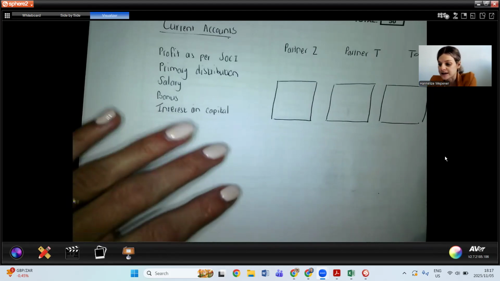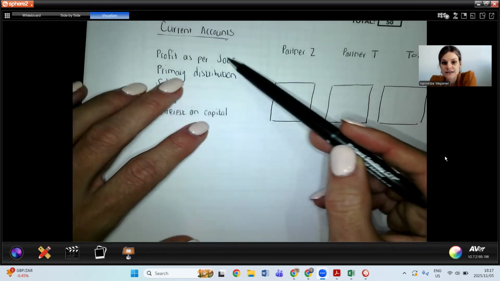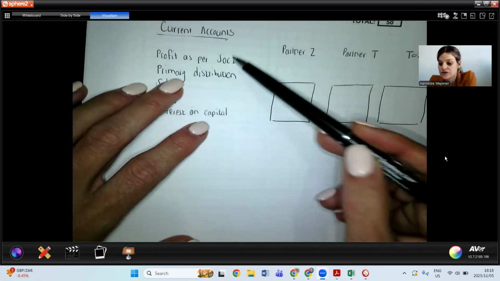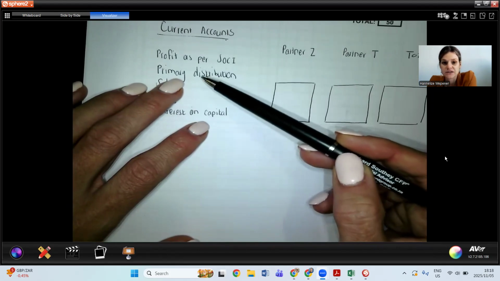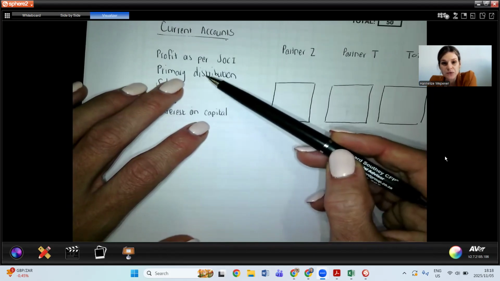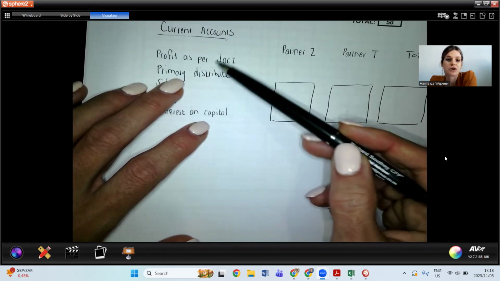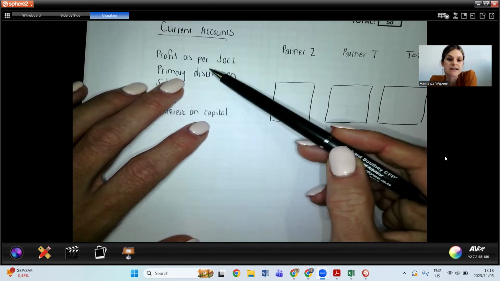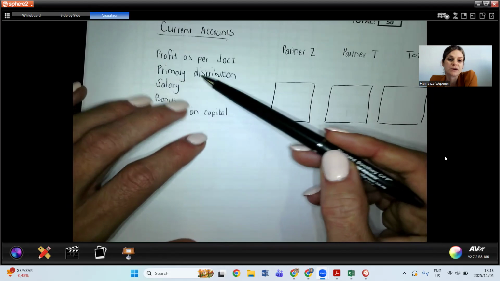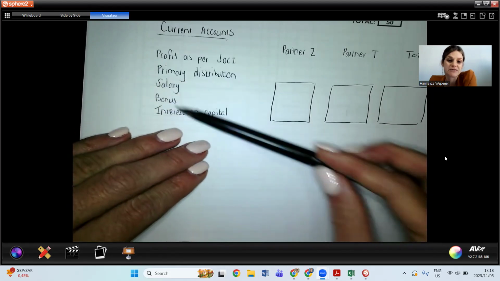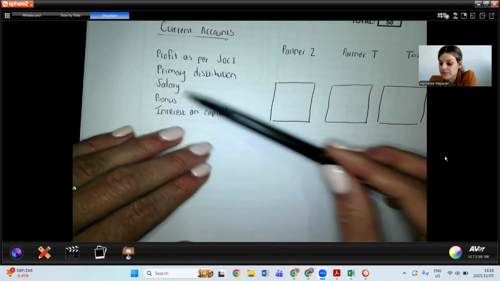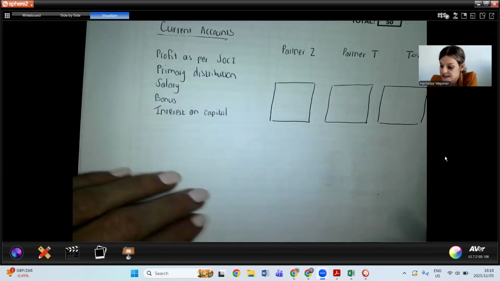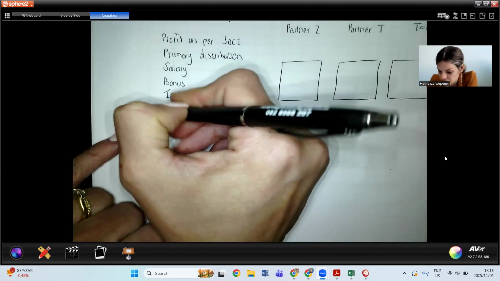Then we're going to say, okay, we've now used some of the profits to distribute as a primary distribution. But then we are going to have some profits, hopefully, or losses left after we've given them what they must definitely get before looking at final profits. And that is then your final distribution.